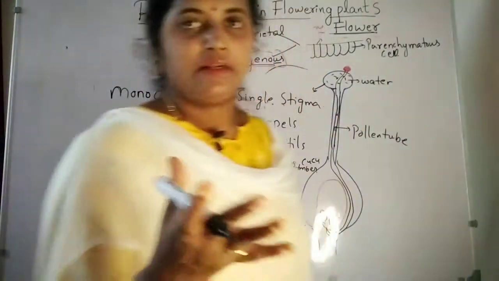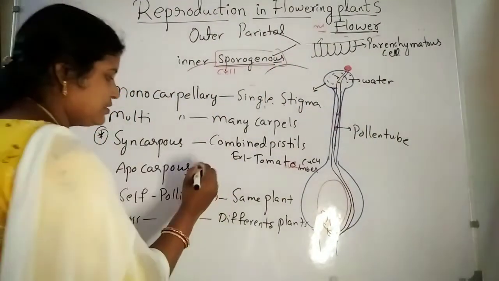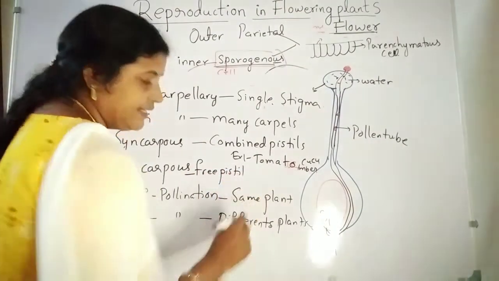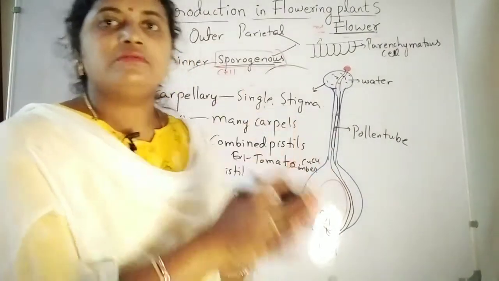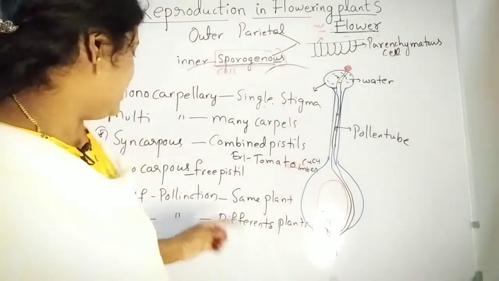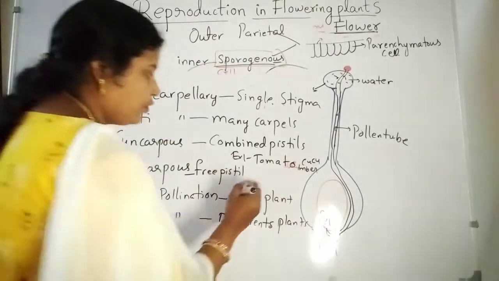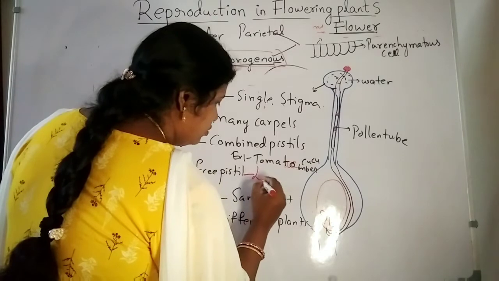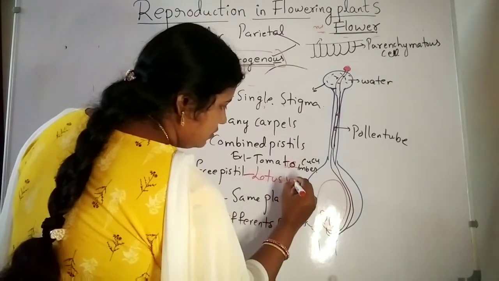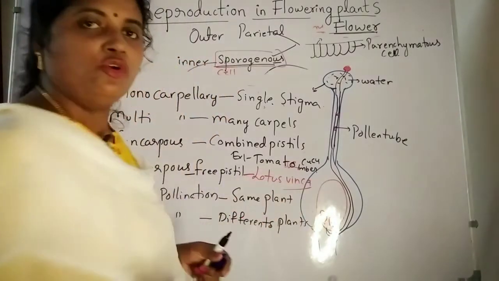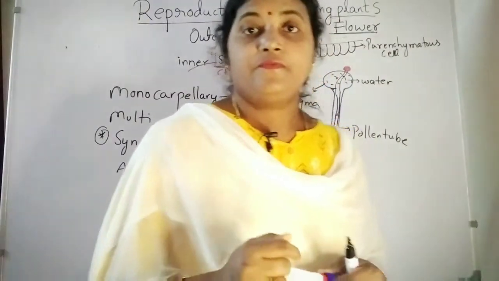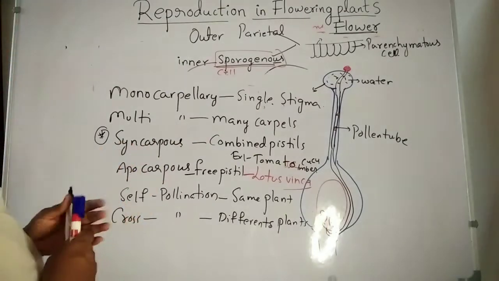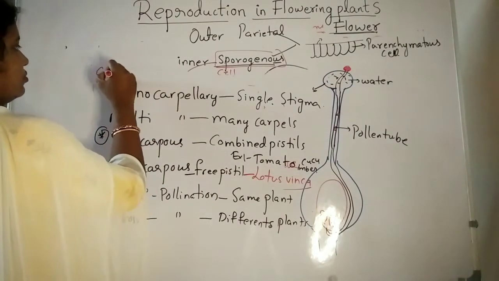Apocarpous means free pistil, means it is not attached with the thalamus part. That's why it is known as free pistil. Example, I am writing here, lotus, vinca. There free pistils are present, they are not attached. Okay, these are the very, very important short answer questions.